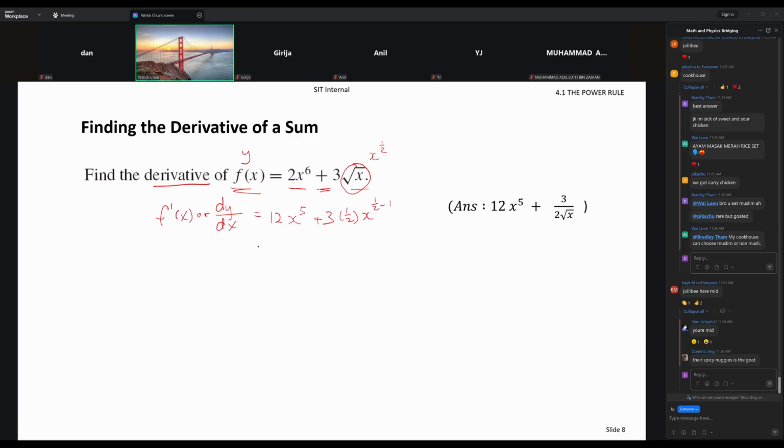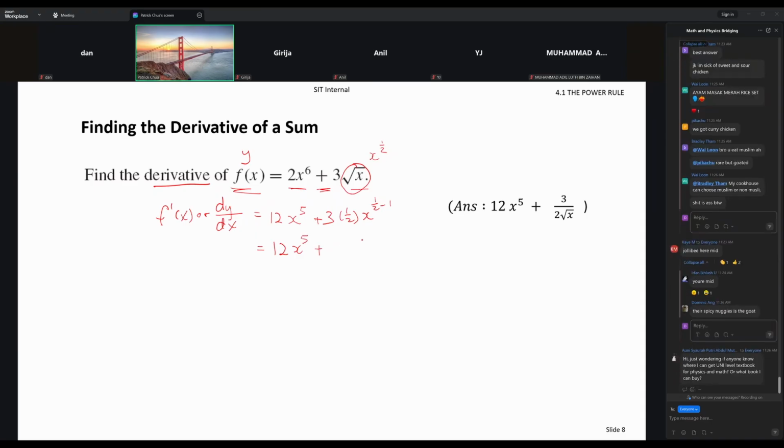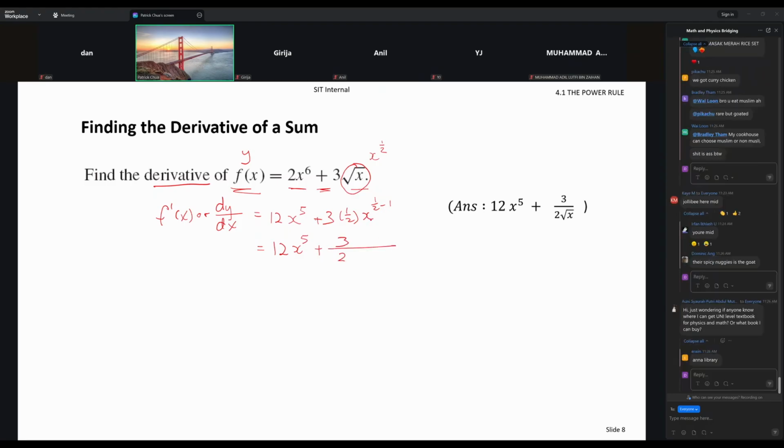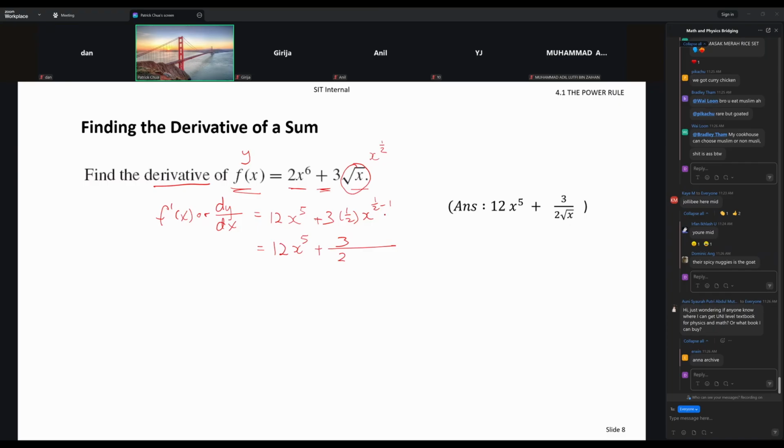Now you just clean it up nicely. 12x^5, you've done it already. Plus 3 times half, so this is 3 over 2, then x to the power of minus half.